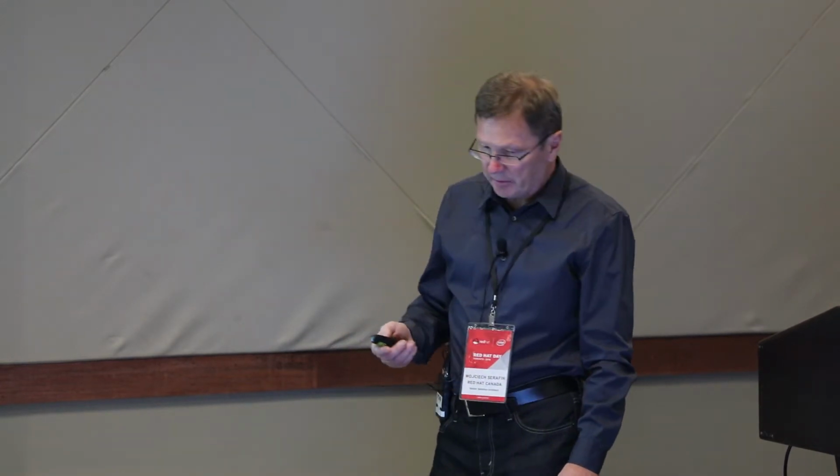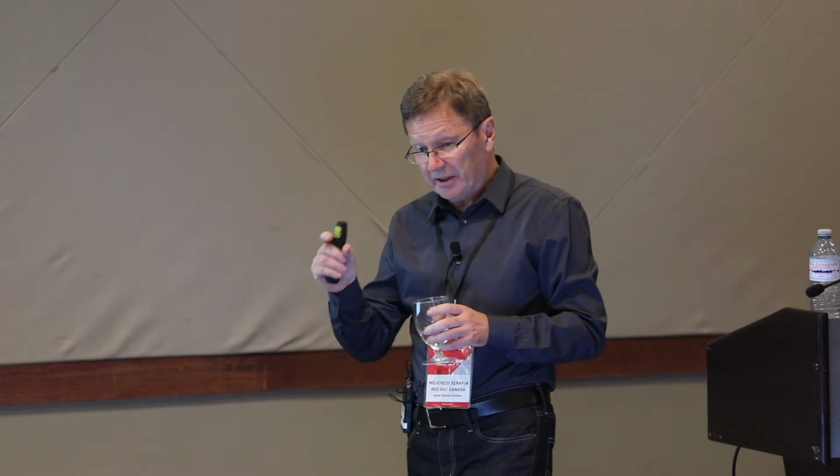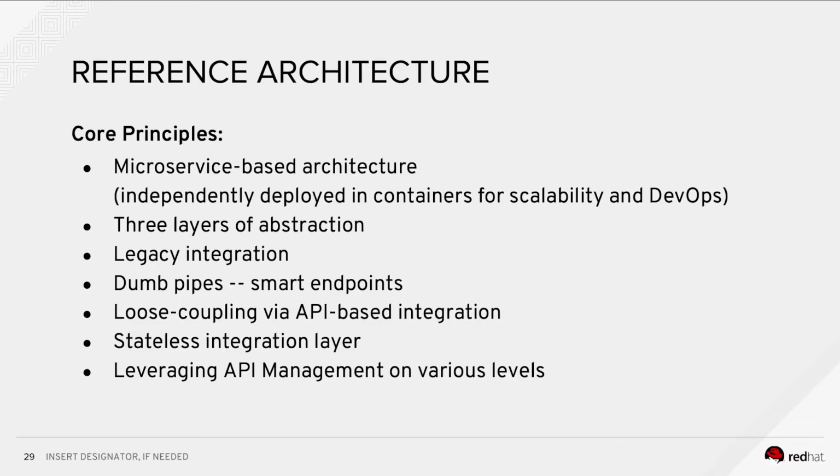I'm just going to move quickly forward because we're running out of time. The reference architecture. Now you have a basic understanding of what we at Red Hat think Agile integration is, and we provide a basic idea of what the reference architecture should be. The core principles: yes, it is microservices based. Small components, with tiny buses, just enough bus in each service for what the integration flow requires.